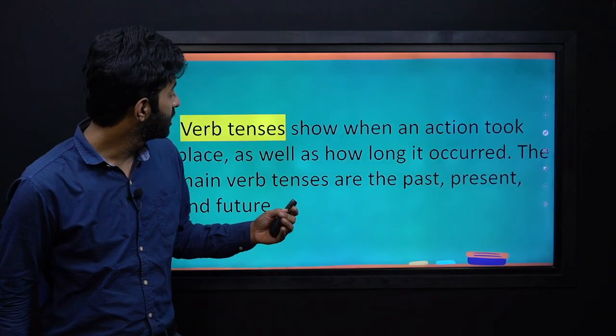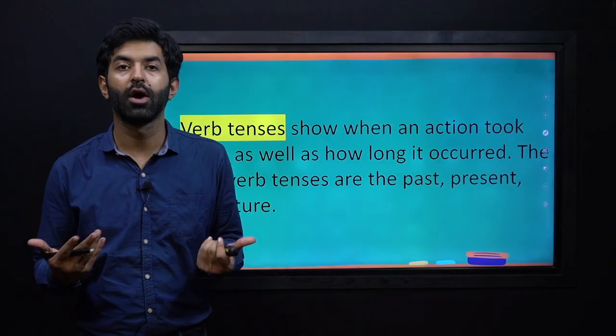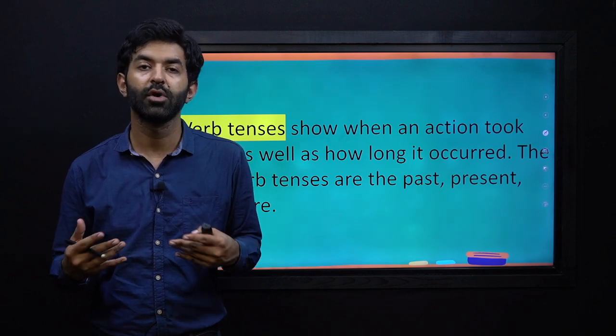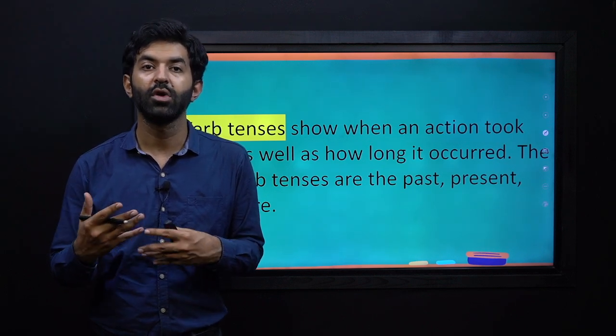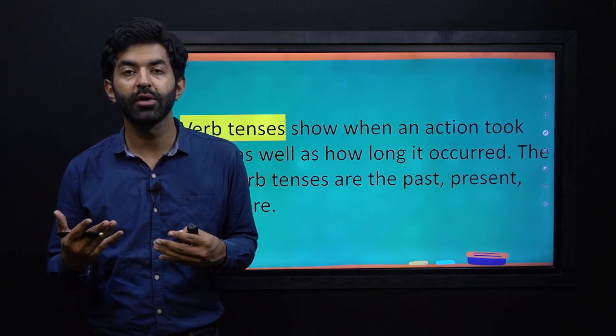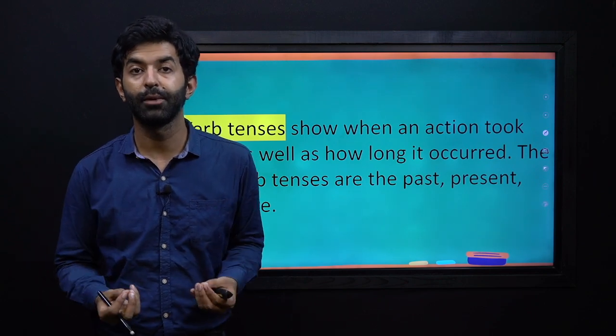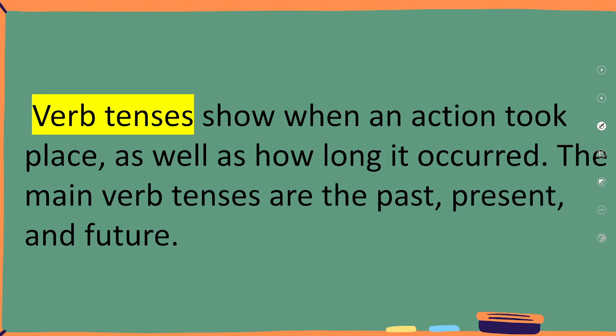Very good. Now, students, let's talk about verb tenses or simply tenses, because most of the work is done on the verbs and we are using mostly helping verbs, so we can also call it verb tenses. Now, verb tenses show when an action took place as well as how long it occurred.